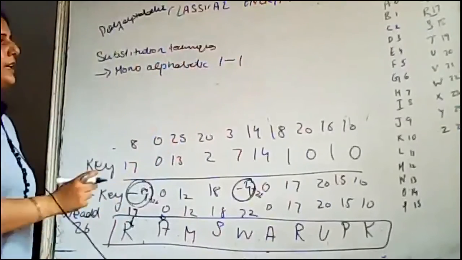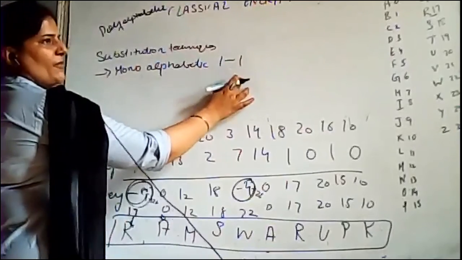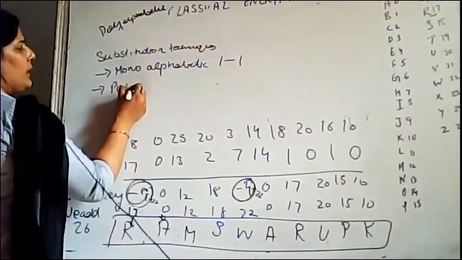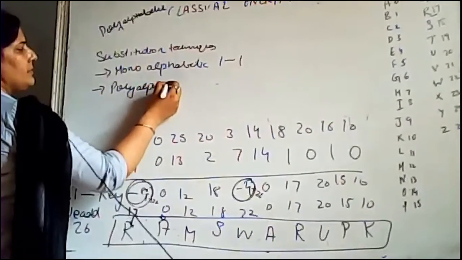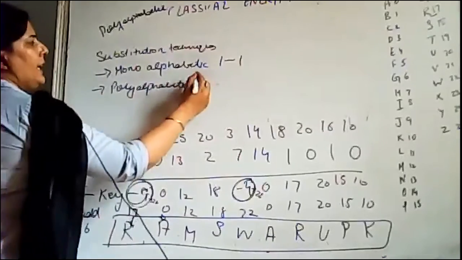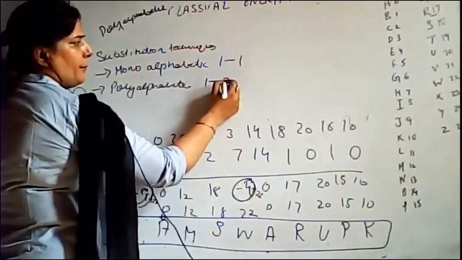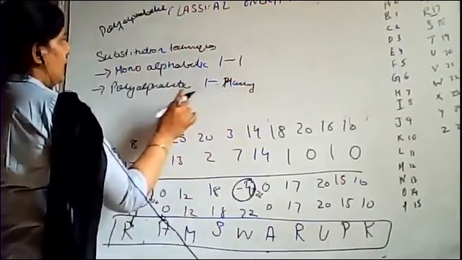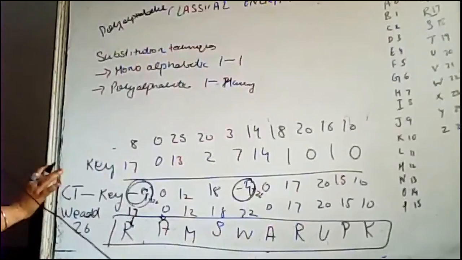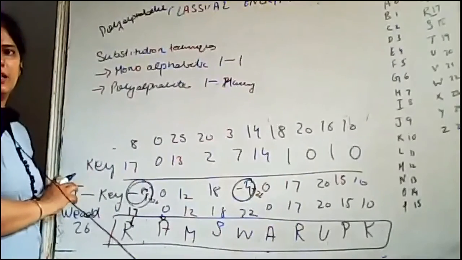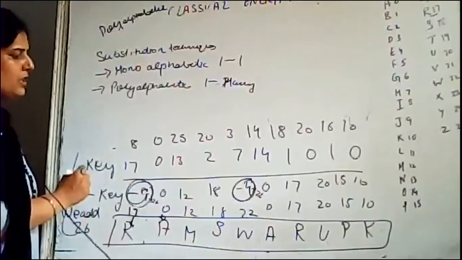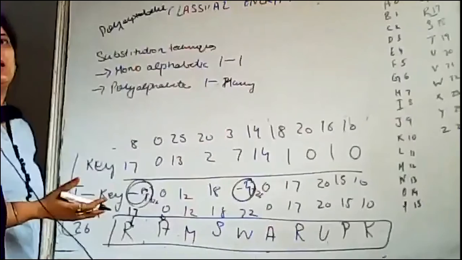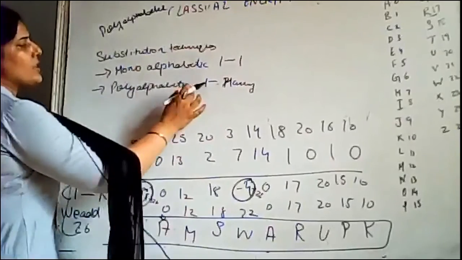One plaintext letter corresponds to one ciphertext letter. Then we have polyalphabetic, in which the relation type is one to many, like the Vernam technique that we studied recently in an example. One to many means the same alphabet can be represented with multiple alphabets. That is the functioning of polyalphabetic.